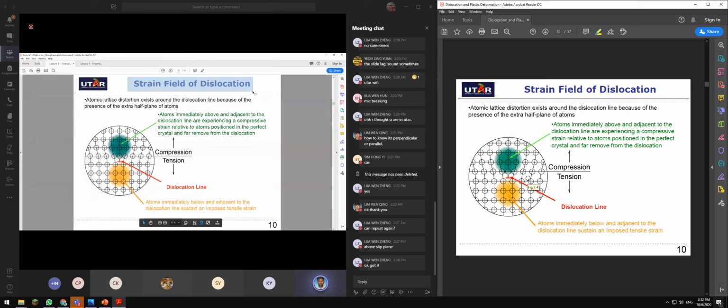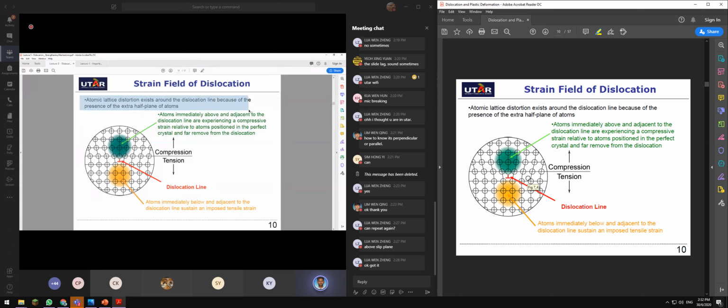Strain field of dislocation. Look at the figure here. Atomic lattice distortion exists around the dislocation line because of the presence of the half-plane atoms. By now you should understand this.